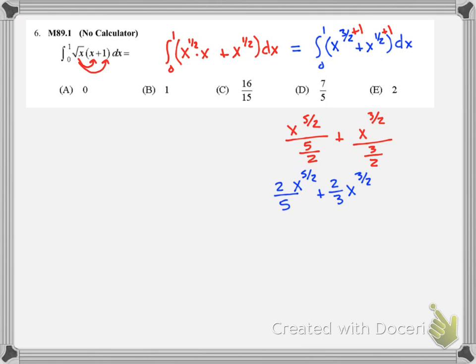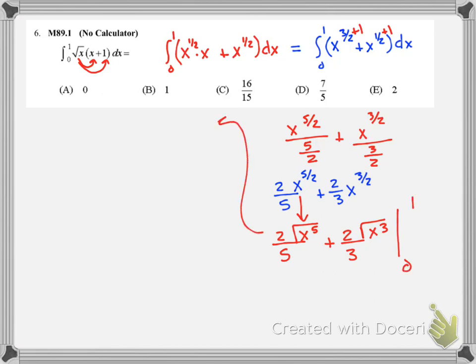And it's also going to be easier to evaluate this if we rewrite these powers as 2/5 square root of x to the 5th power plus 2/3 square root of x to the 3rd power, evaluated from 0 to 1.